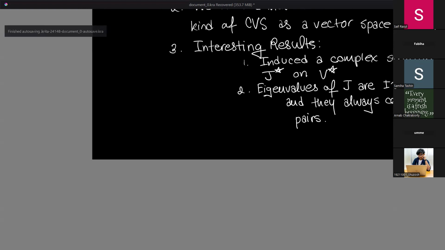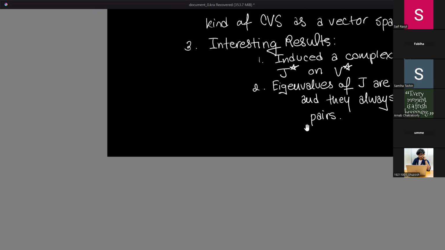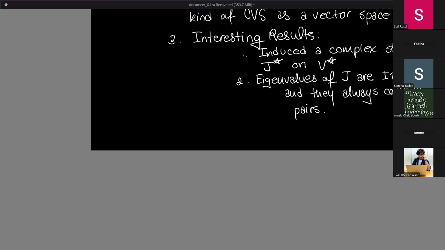So next time, we're going to continue looking at the eigenspace of J, and we're going to see how we can use the eigenspaces of J to, well, we haven't actually found the eigenspaces.